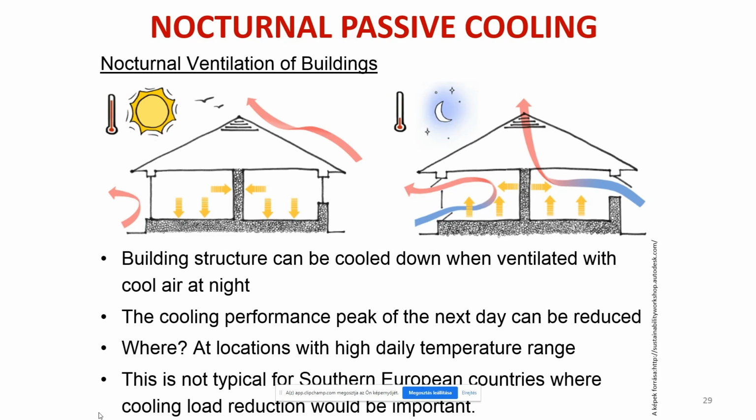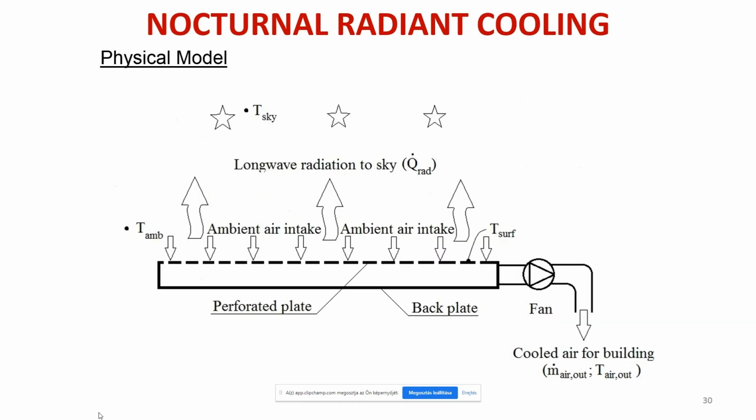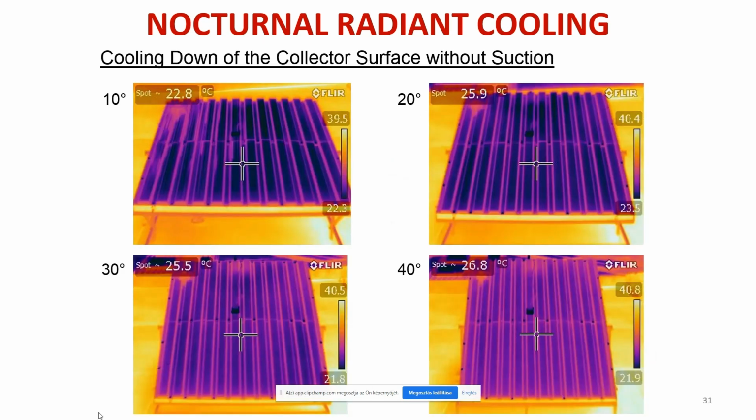Here are some pictures about how the building's structure at night can be cooled down with ventilation air, and this ventilation air can be further reduced in its temperature by the night cooling operation of the transpired solar collector, the physical model of which is based on the long wave radiation towards the sky, as I have explained before.